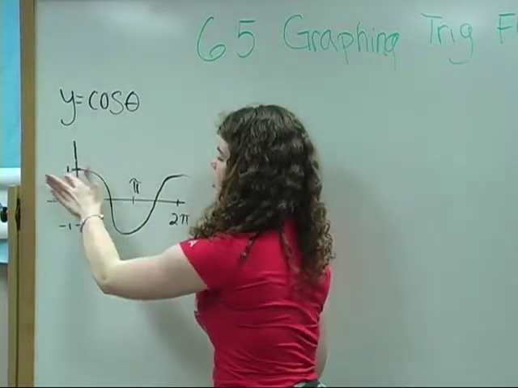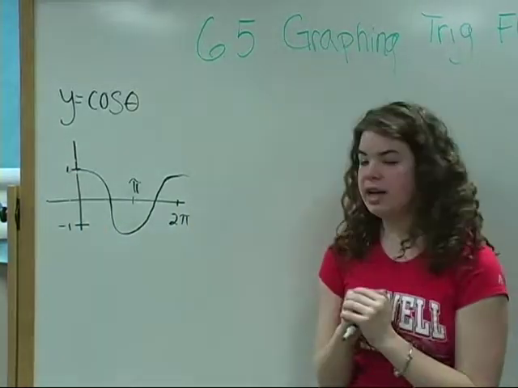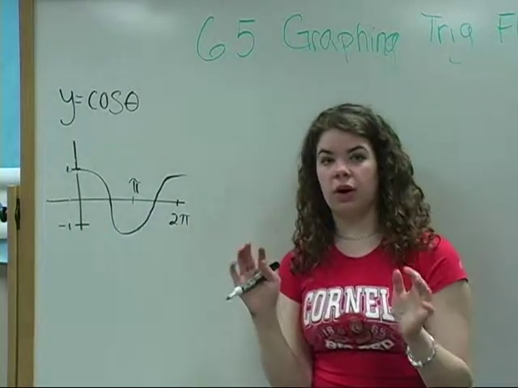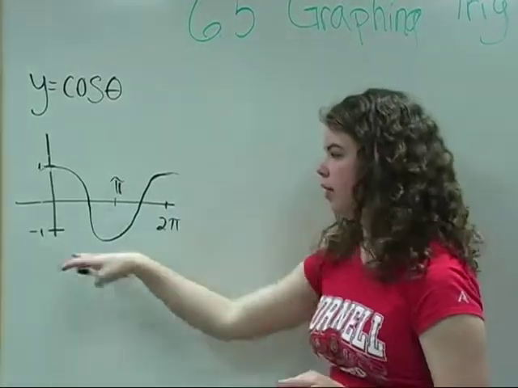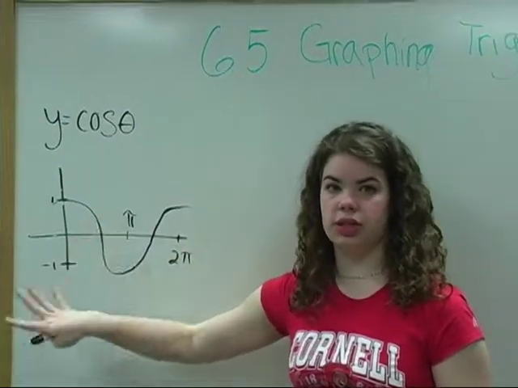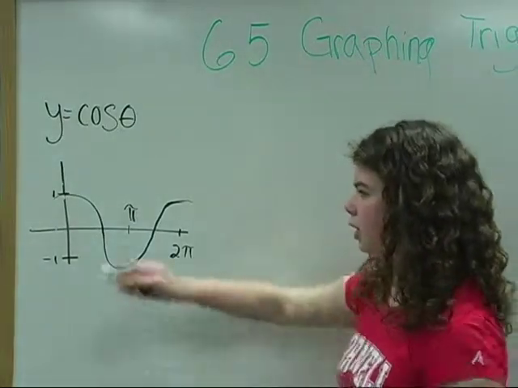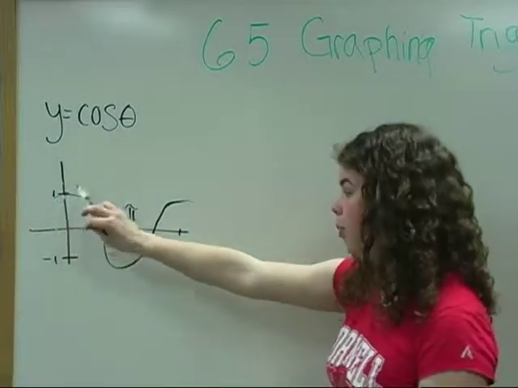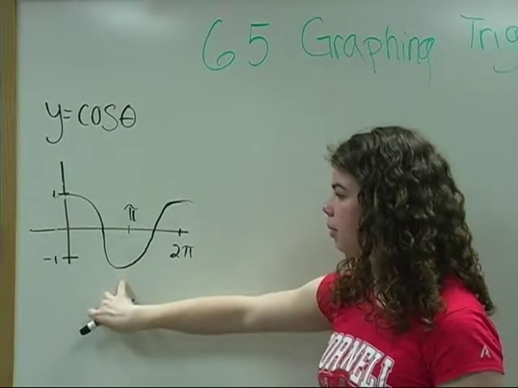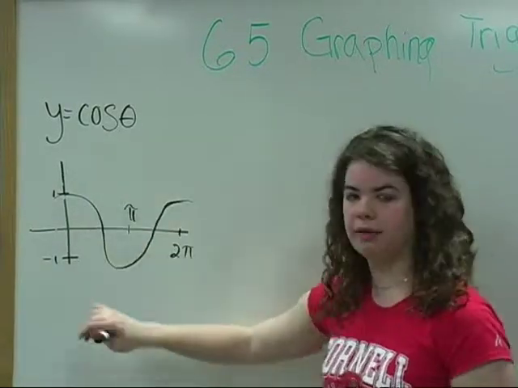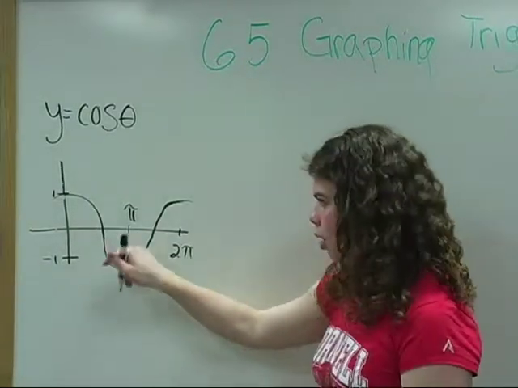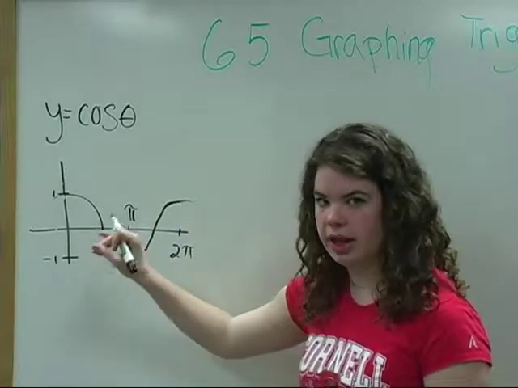So that is your period, and your phase shift is how far left or right your graph is. Right now this is centered. This is the traditional standard setting for cosine. So we're going to start with our maximums at 1 and 2 pi, and our minimum is at pi on the graph. So it's at -1, but it occurs when theta is pi.